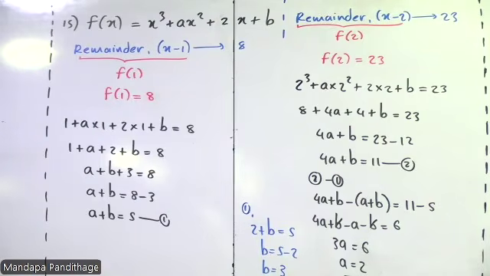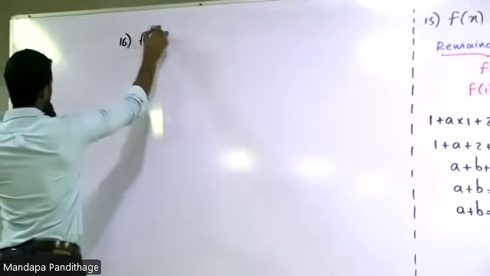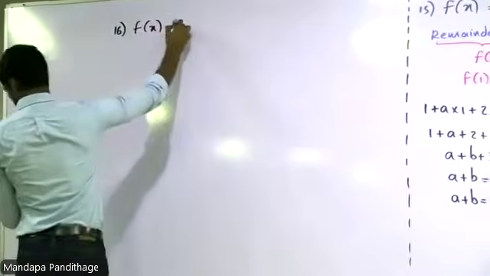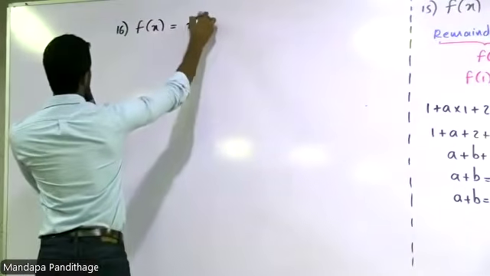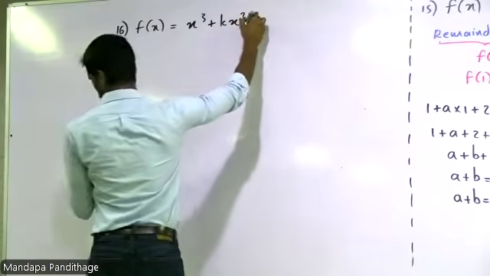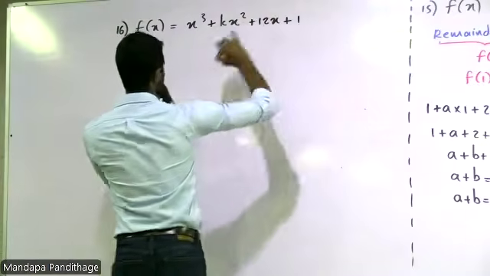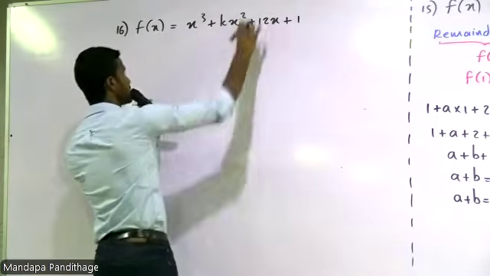So same thing, but the format is a bit different. They have given f(x) is equal to x cube plus k x squared plus 12x plus 1. So this is f(x), no?